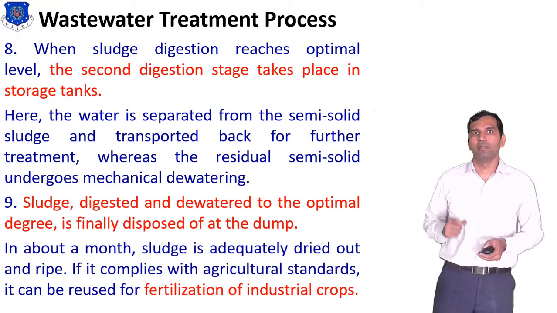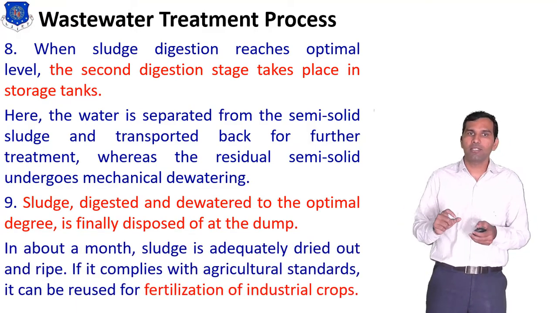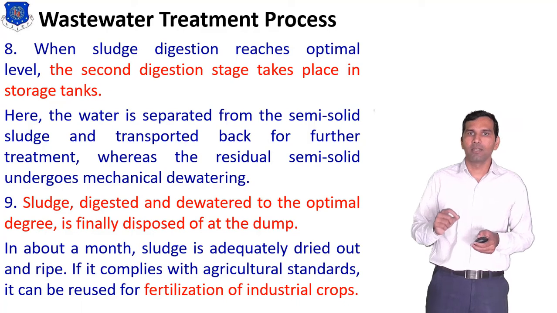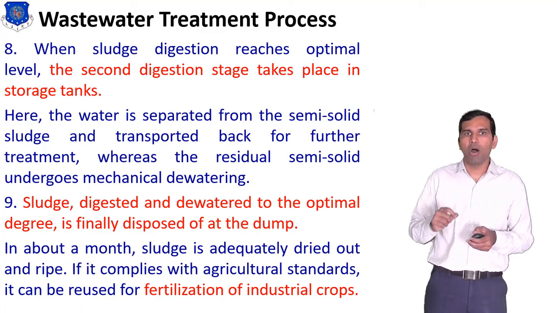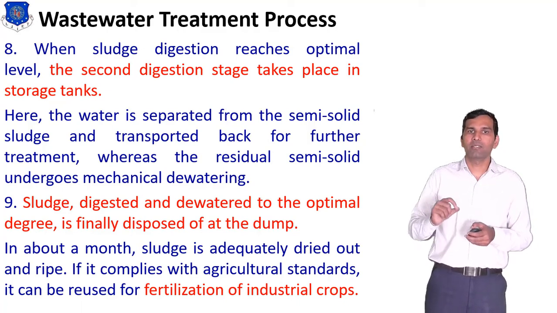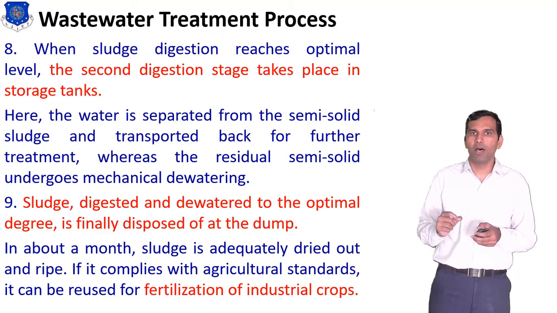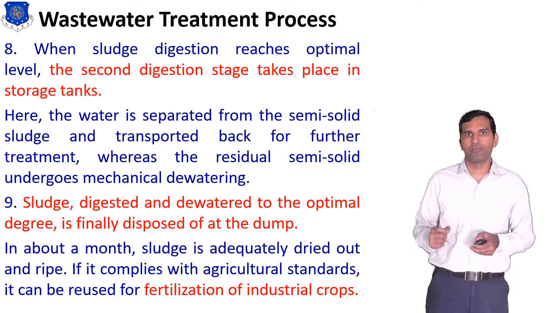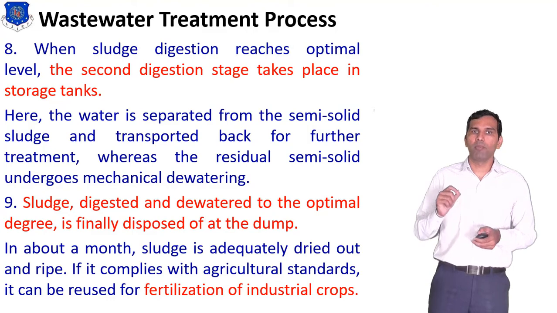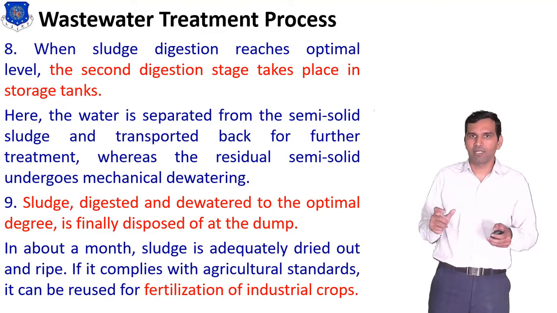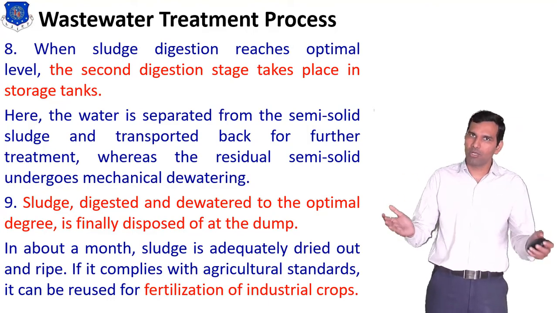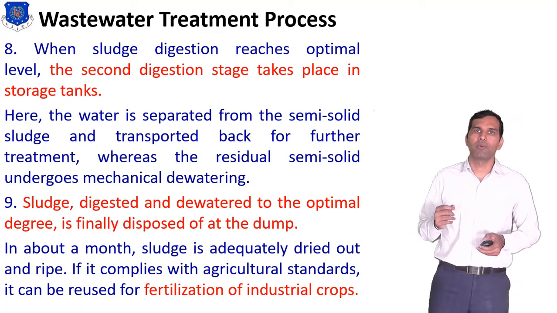Now, the ninth stage. The sludge digested and dewatered to the optimal degree is finally disposed of at the dump. In about a month, the sludge is adequately dried out.